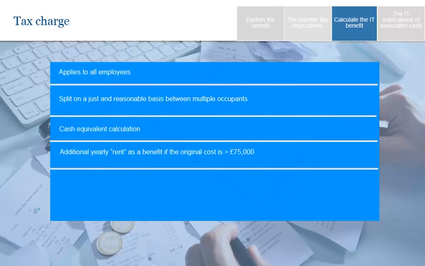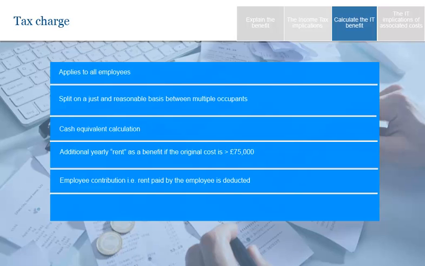This is the original cost, not the market value, but see later about a little twist on that. And then there's the possibility of the deduction of employee contributions, and then also, again, see later, the issue of costs paid by the employer in connection with the property.